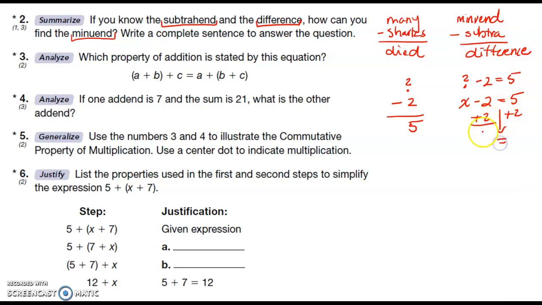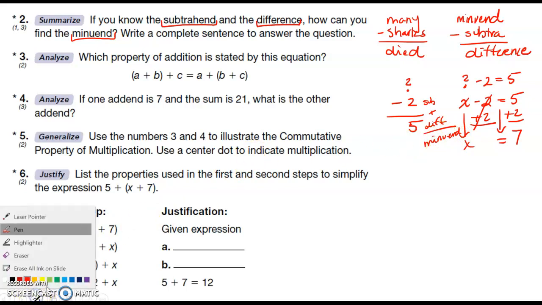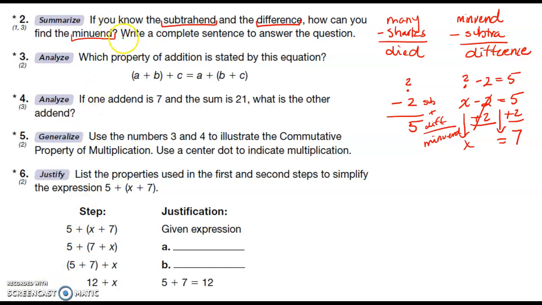My equals comes down, my 2 goes away, my X comes down, and this is 7. How did I do that? I added. This is the subtrahend, and this is the difference. I added the subtrahend and the difference to find the minuend. That's what they're looking for. I know that's kind of convoluted and a lot of math vocabulary, but that's what we've got.